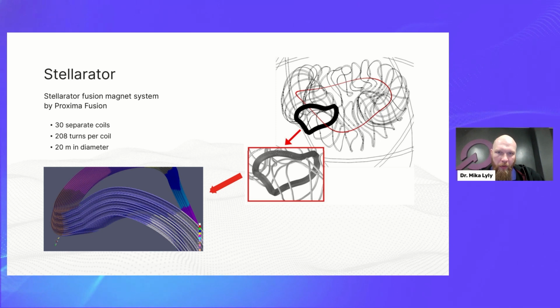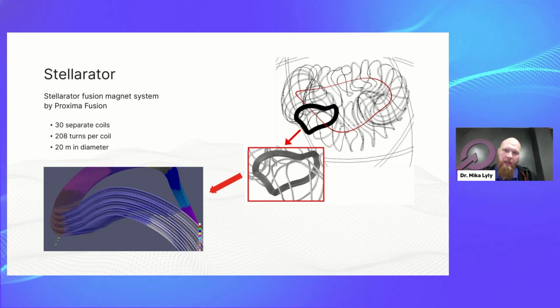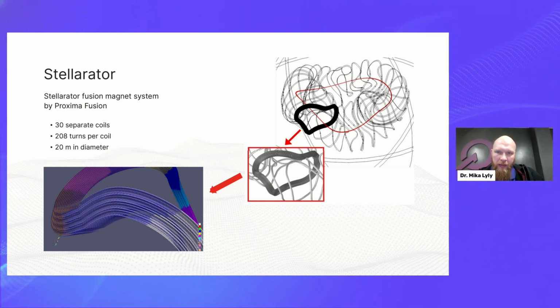You can see all the 30 coils. The shape is very strange, so there's no easy way to exploit any symmetry there. And in this case, one of the coils was modeled as a cable accuracy. So in this one coil, we had all the 208 turns modeled.